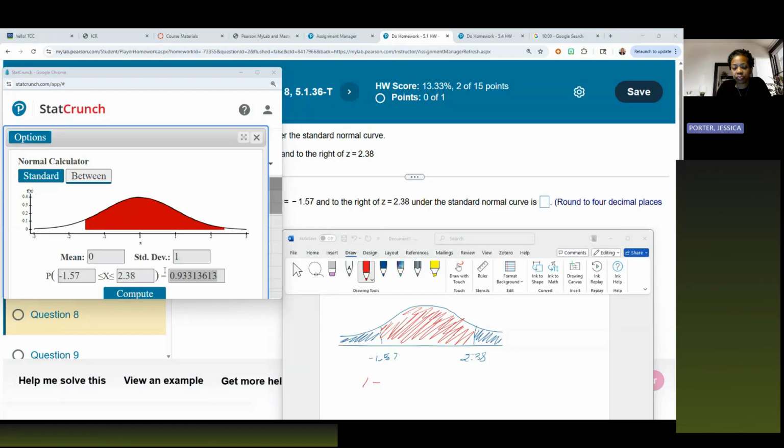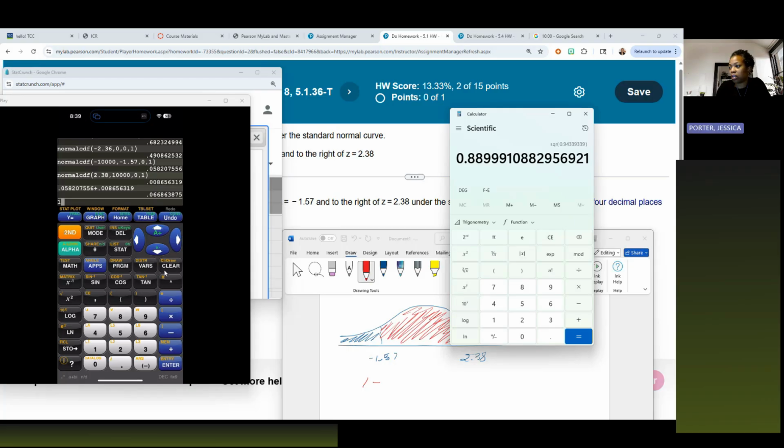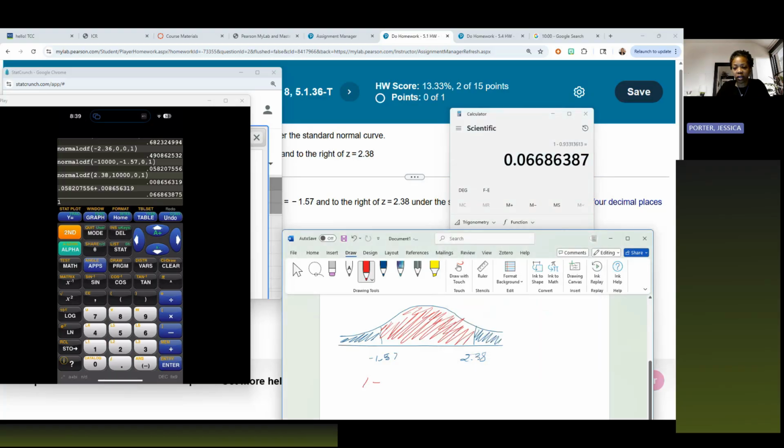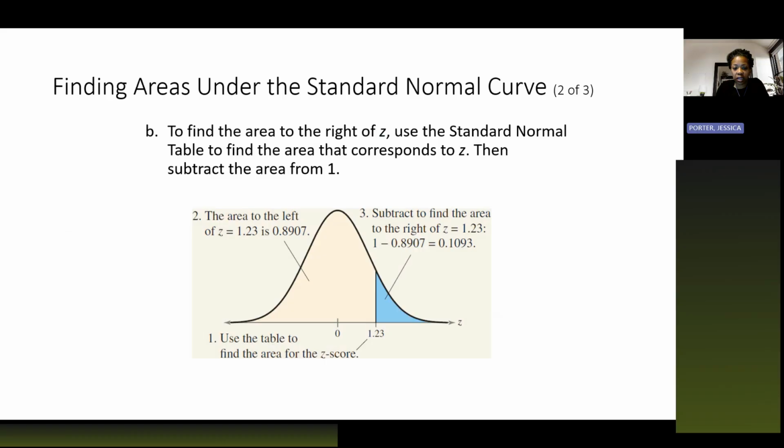So what I can do is subtract that from 1. Let me use my other calculator. So 1 minus that number, and we get the same thing, 0.0669. So you can subtract away the between area, or you can find the two areas and add them together. Either way works. Okie dokie. I think the section was shorter.